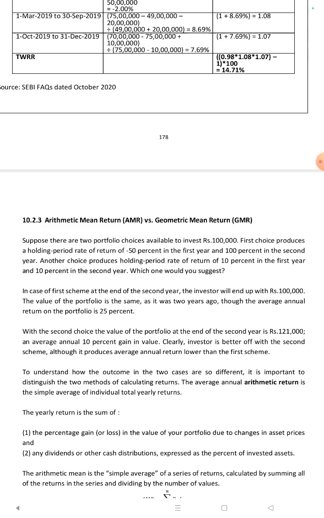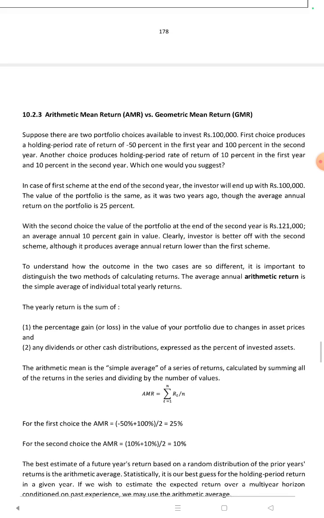In case of the first scheme, at the end of the second year, the investor will end up with 1 lakh. The value of the portfolio is the same as it was 2 years ago, even though the average annual rate of return on the portfolio is 25%.